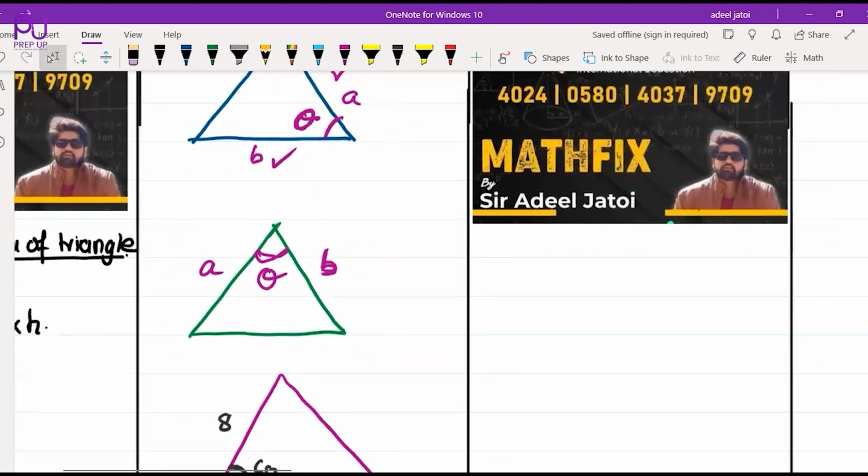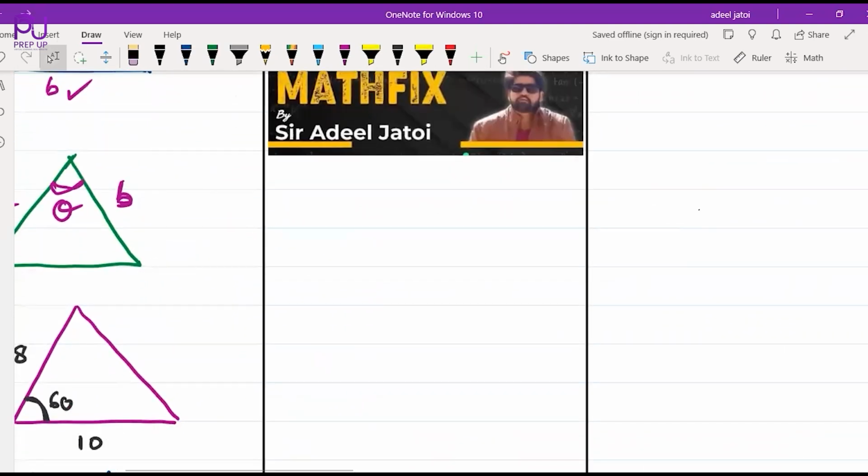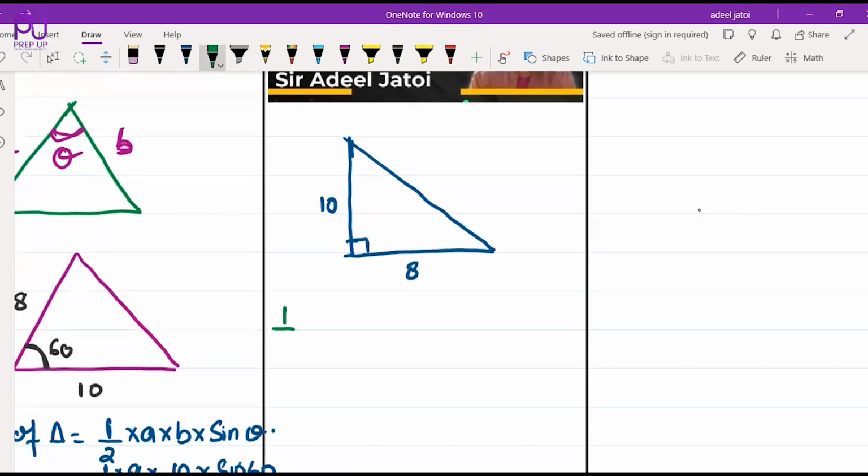In the same manner, if this is a right angle triangle, and this is 8 and this is 10, in a right angle triangle I use what? Half into A into B into sine theta for area.